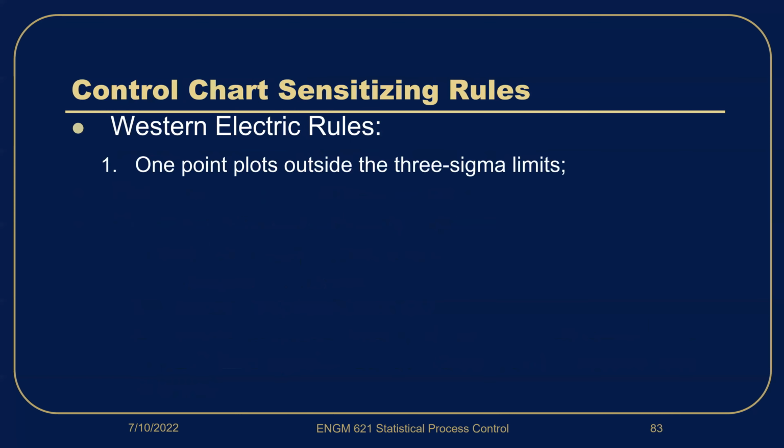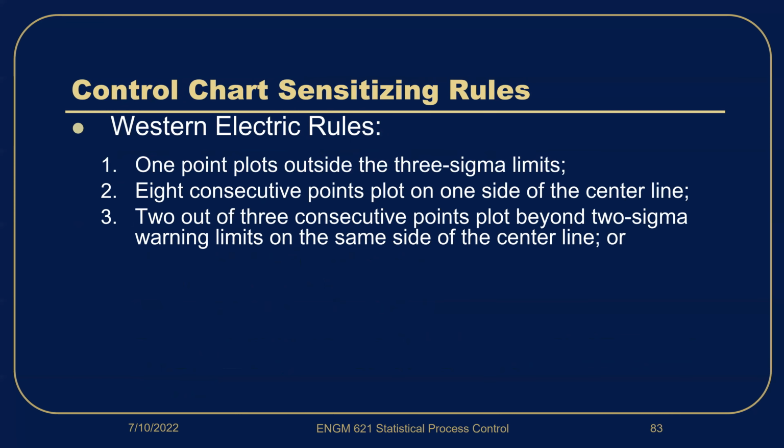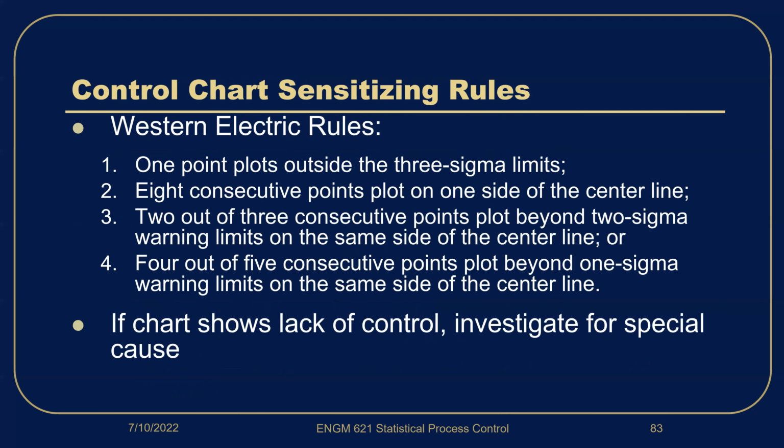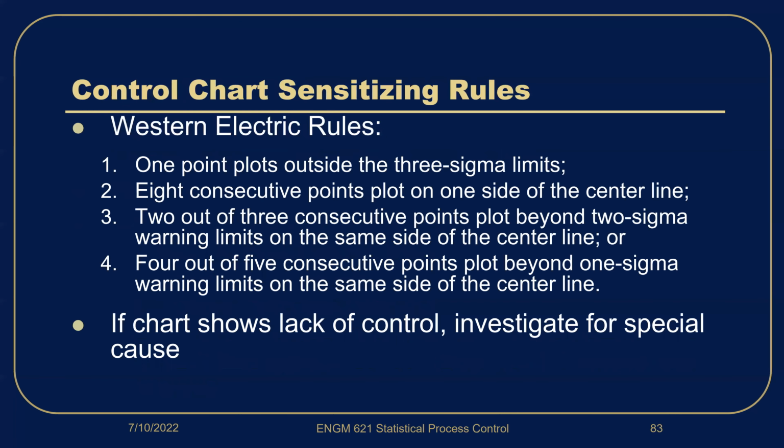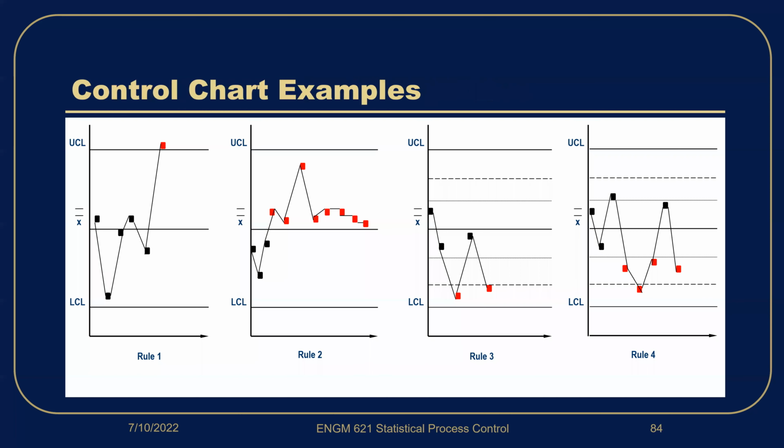Here are the 4 Western electric rules we learned in Chapter 5. After applying them to identify any out-of-control points, the major job is to investigate for assignable causes. Here are some examples of out-of-control status of X-bar charts. The first one is 1 point outside the control limits.